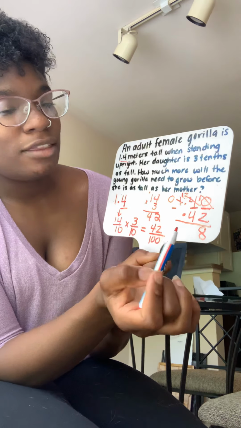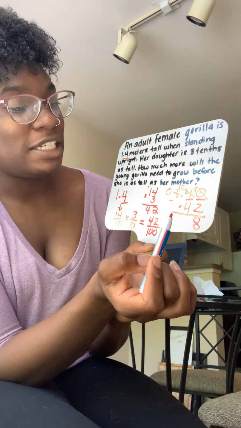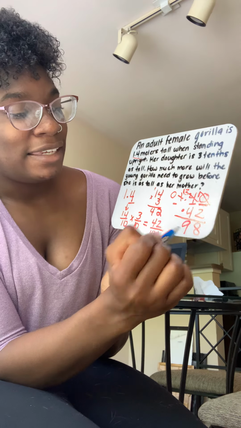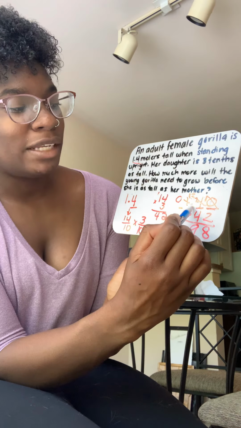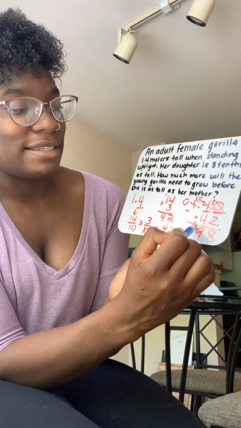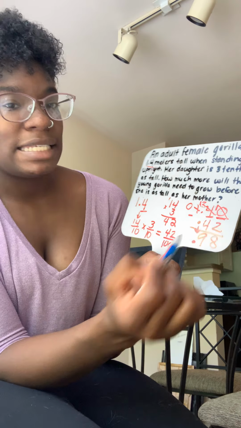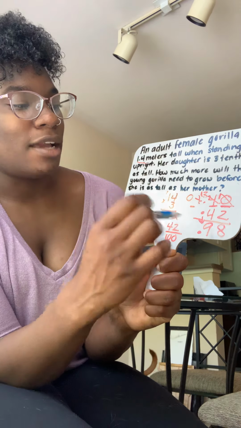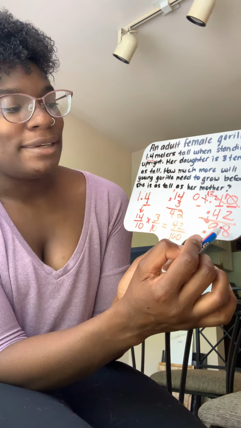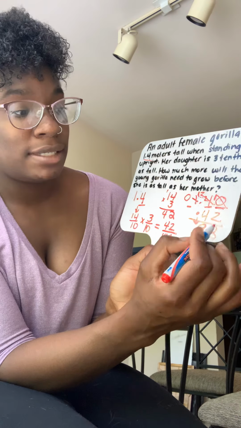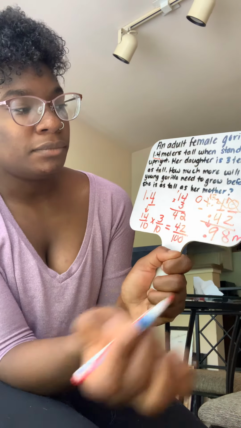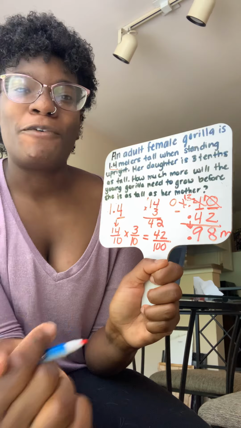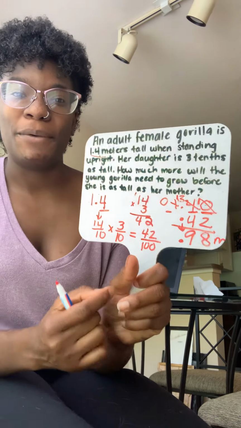So now we've got 13 minus 4, which is 9. And we cannot forget that last step is to drop that decimal down. All right? So we know that the young gorilla needs to grow 98 hundredths of a meter before she'll be as tall as her mother.